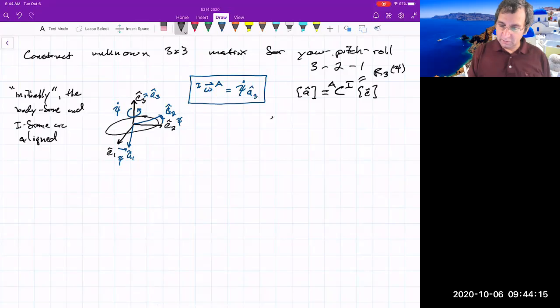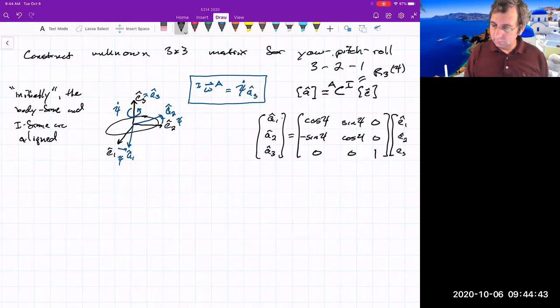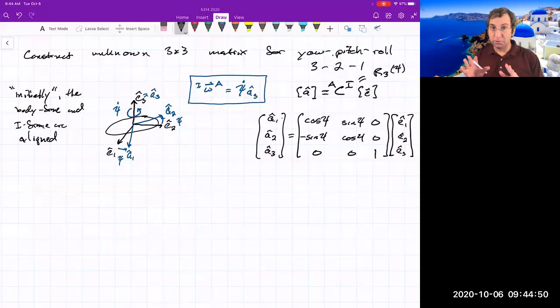So this was shorthand for, now I'll write the full thing out, A1, A2, A3, these unit directions, equals cosine psi, sine psi, 0; negative sine psi, cosine psi, 0; 0, 0, 1. This is a rotation about the number 3 axis. So that's the initial rotation about 3.